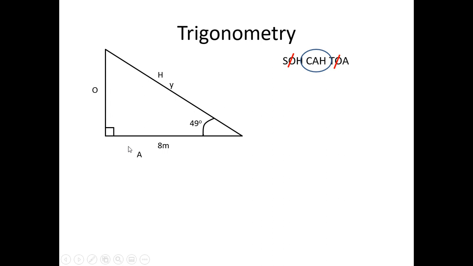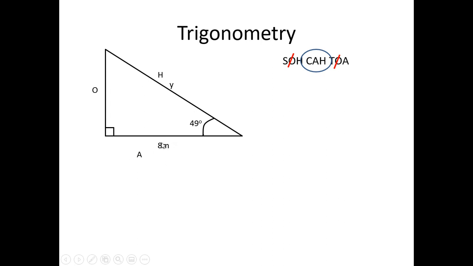So if we look here, first of all, I've got my question, trying to figure out what y is. Opposite the right angle is my hypotenuse, so I write on an H. Opposite the angle I've been given is O, so I put on my O. And between the angle I've been given and the right angle is my adjacent side, which has got an A written on it.